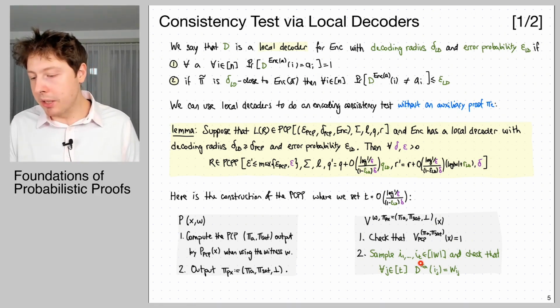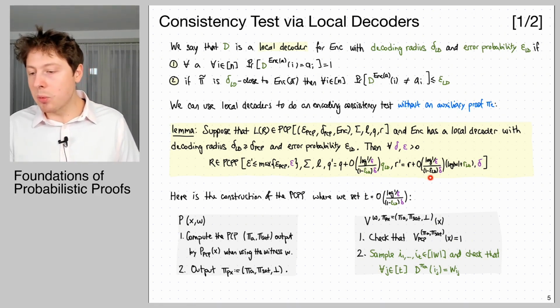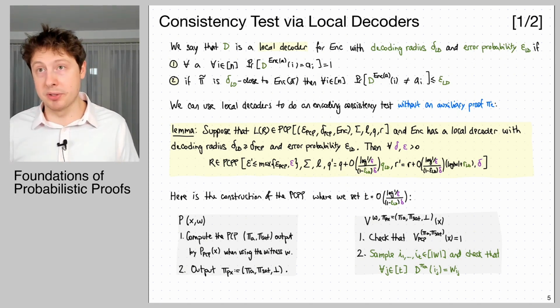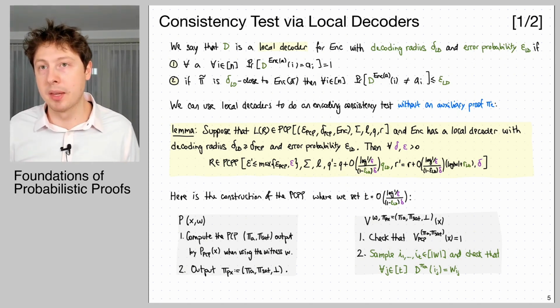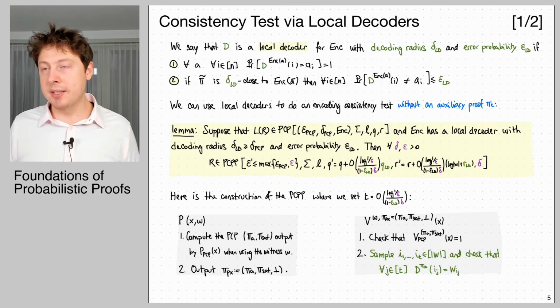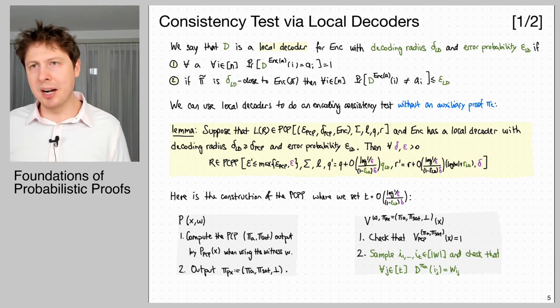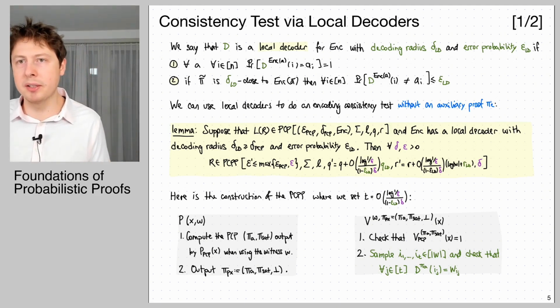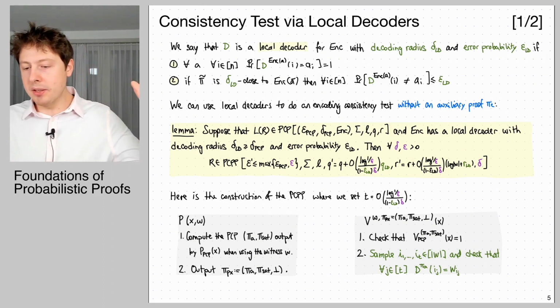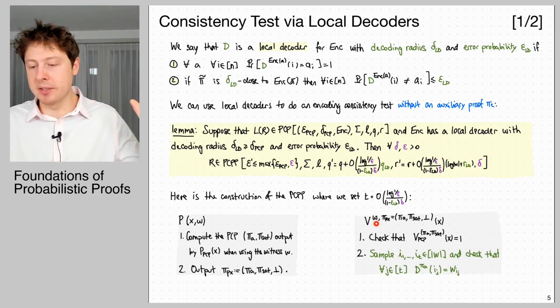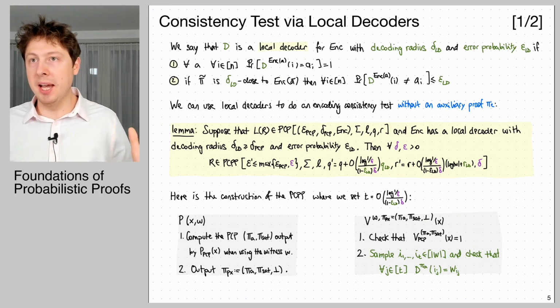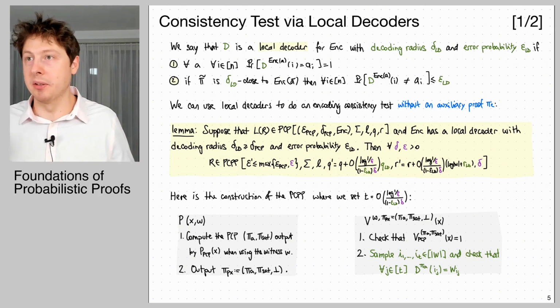And of course, the local decoder itself has some error, and that error I have to account for somewhere too, okay? We're doing the analysis in the next slide, but is the construction clear? It's pretty straightforward, right? We have the candidate witness, which in the bad case is delta far from the thing that is going to be inside this noisy encoding, and I'm just going to compare them at a random index, okay? Some number of times.